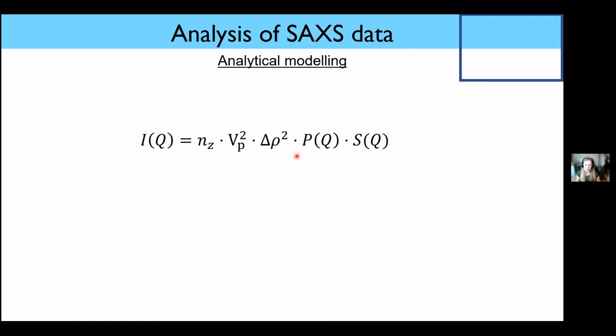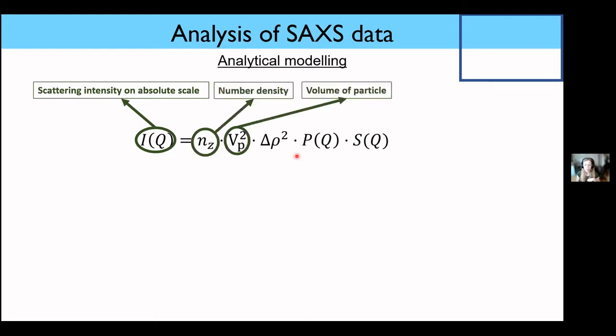So when it comes to this analytical expression for the normalized intensity as a function of Q, if we here assume first just that we have a homogeneous particle, we can split it up as follows. First of all, we have the number density and the volume of the particle, both of which you should be able to calculate from the molecular volumes of your molecules and the concentration, which is also why it's important to keep your scattering intensity on an absolute scale, so to measure that standard.